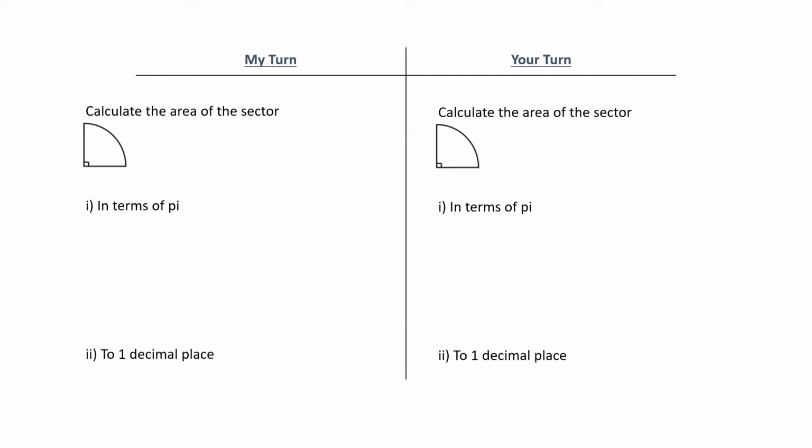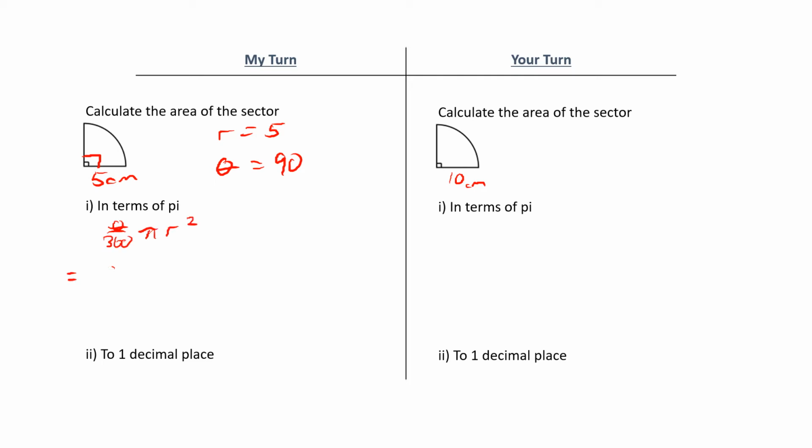So let's say I've got a radius of 5 centimeters. I don't need my diameter this time actually, so let's just leave it as that. Our radius is 5 and our theta in this case, because we know it's a right angle, theta is 90. So in terms of pi, start with your formula. It's theta divided by 360 times pi r squared.